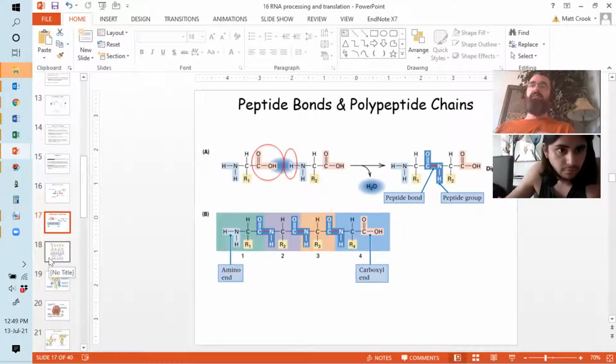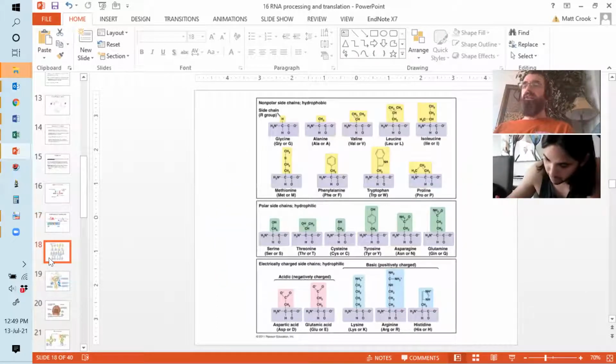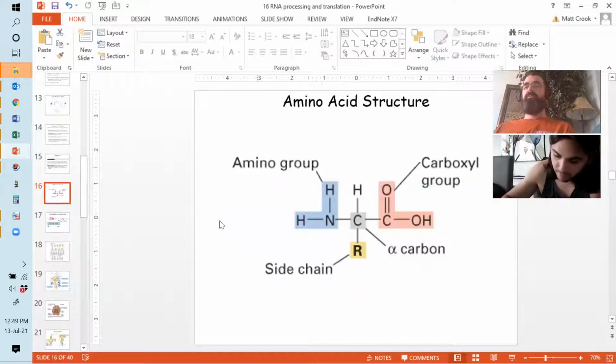And so one of the ways in which those 4 bits of information, those 20 amino acids, generate such diversity is that all of those side chains have different properties. So if you remember from back up here, this is what an amino acid looks like, obviously before it's incorporated into a polypeptide. And it's this side chain that gives each amino acid its properties.